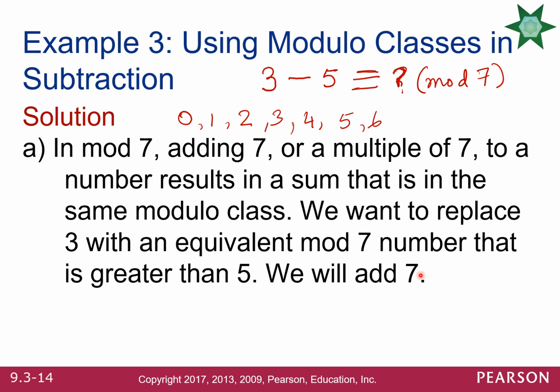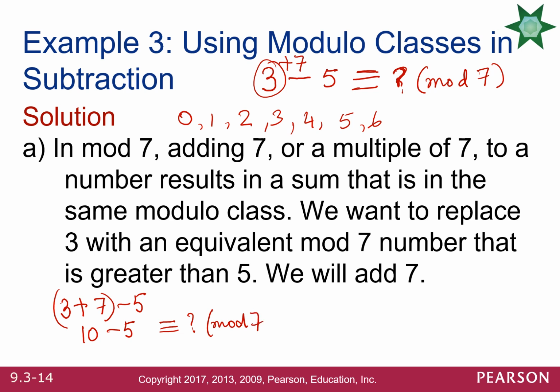We will add 7. So the way they have worked out this problem is to this 3 they have added 7. They made it like this: 3 plus 7 minus 5. So 3 plus 7 is 10, minus 5 gives us 5. So this mod 7 is what we were finding.